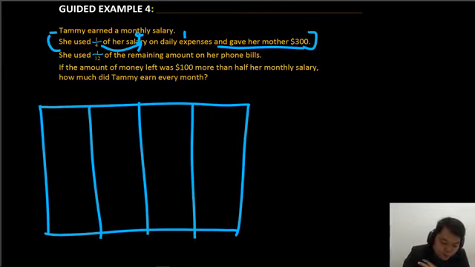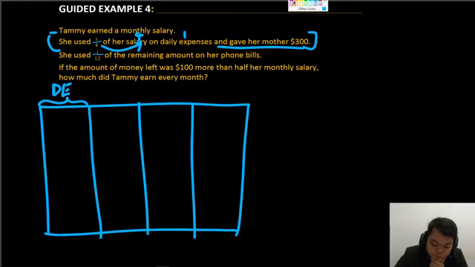One of them was used on daily expenses, so this part has been used up already. Then she gave her mother $300.